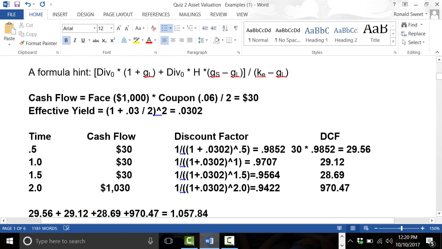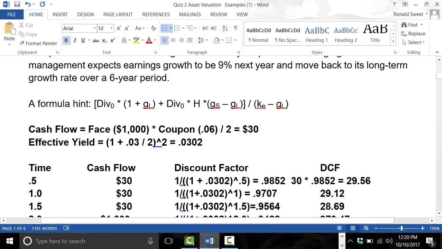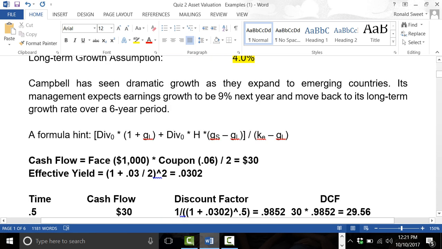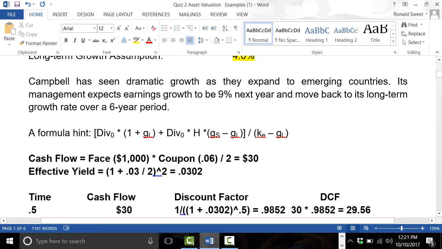So if you look back at the formula, dividend 0 times H. Well, what is H? We look down here and see that Campbell has seen some great growth in emerging countries. So its short-term growth is 9%, and we expect that to last for a 6-year period.